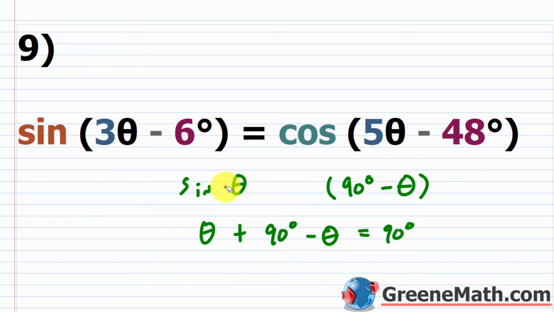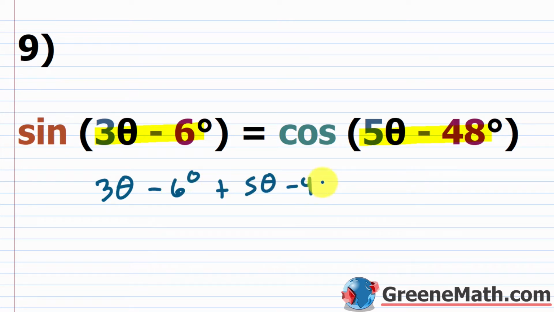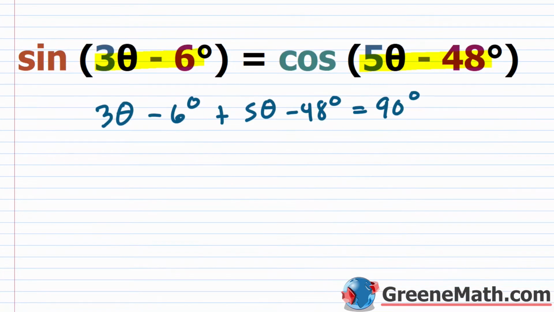So that's what I'm looking for as a sum from this part right here plus this part right here. That's going to allow me to solve a simple equation. I'll say 3 times theta minus 6 degrees plus 5 times theta minus 48 degrees is equal to 90 degrees. Okay, let's slide down just a little bit.